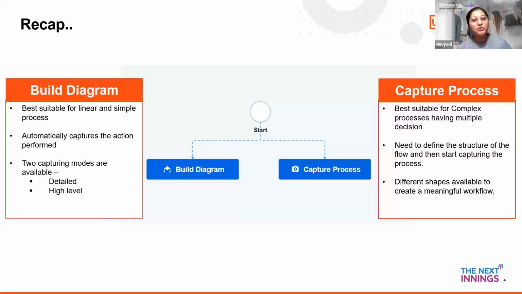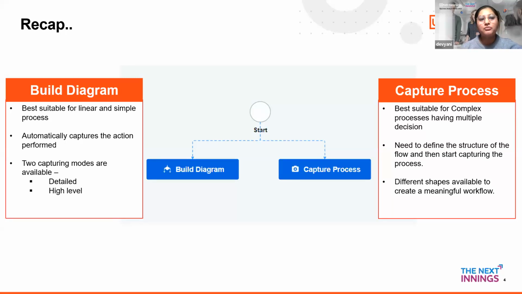So what we need to do here is define the structure of the flow first, and then capture one by one, step by step, the tasks we have defined in that flow. There are different shapes available in Task Capture through which we can build a meaningful workflow.